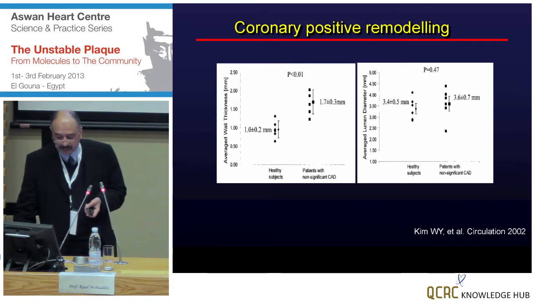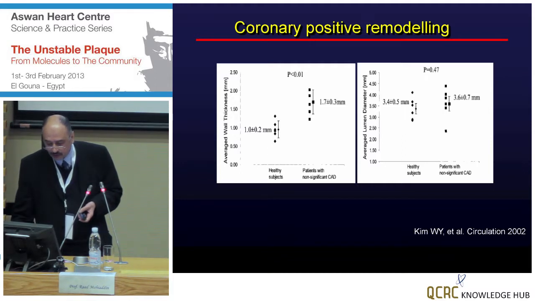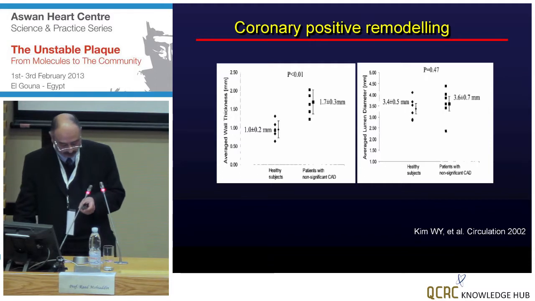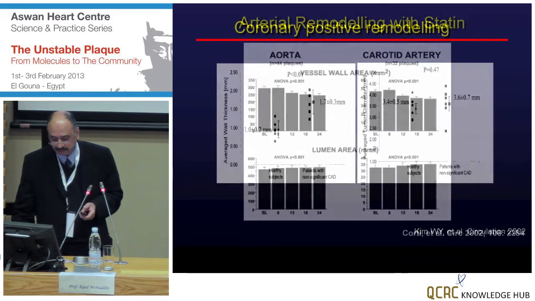If you compare the average wall thickness between the healthy volunteers and the patients with non-significant coronary artery disease, the patients have higher coronary arterial wall thickness, while there is no significant difference between the two groups when you measure the lumen itself. Again, that tells you that there is positive remodeling in the coronary artery.